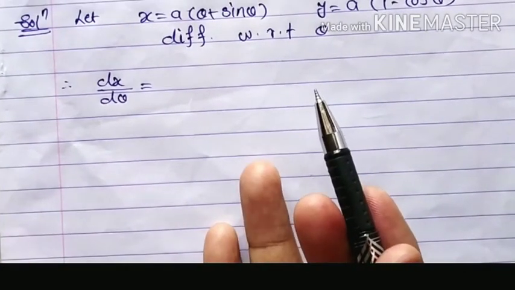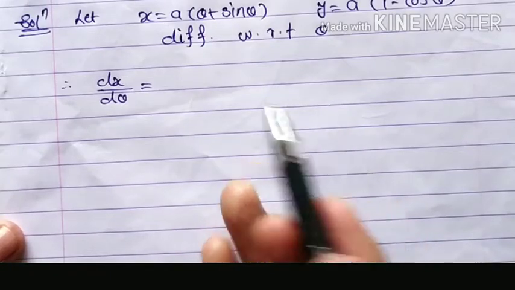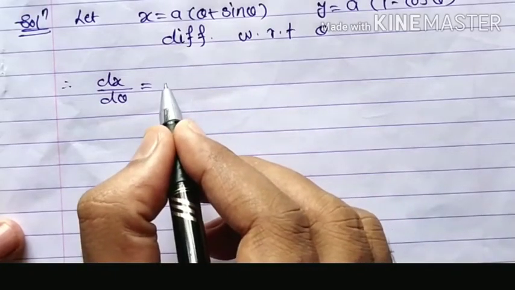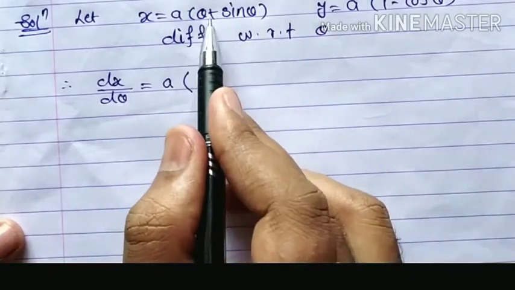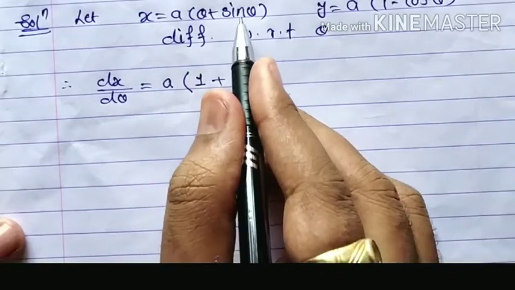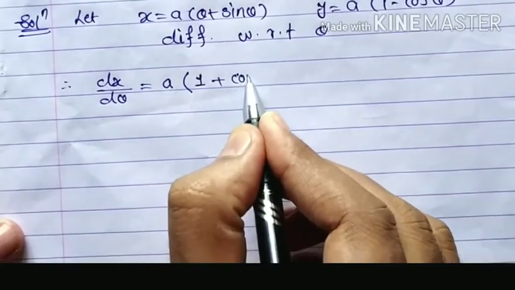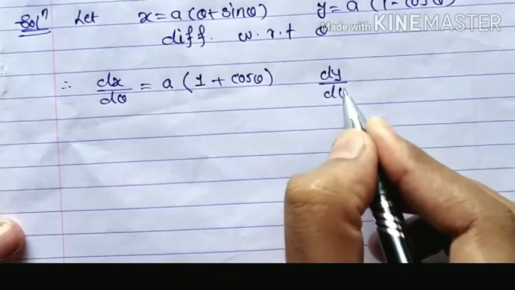Similarly x with respect to x is 1, theta with respect to theta is 1. So similar formulas are used for theta also, and the constant a stays as it is by applying rules of derivative. Now the derivative of theta with respect to theta is 1 plus the derivative of sin theta is cos of theta. Now also we can calculate dy by d theta.